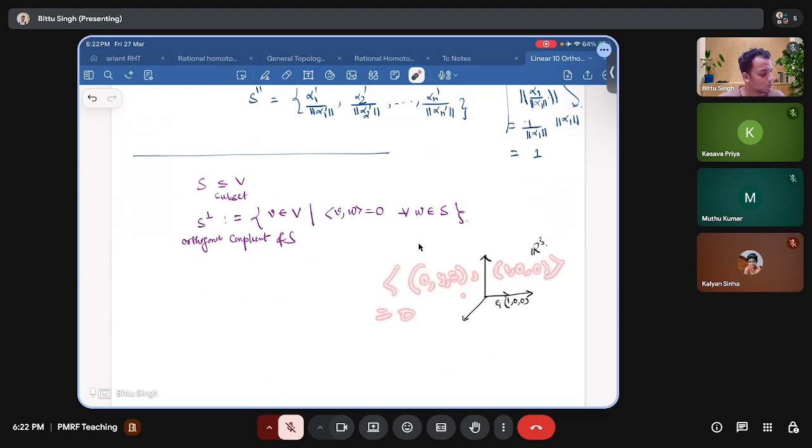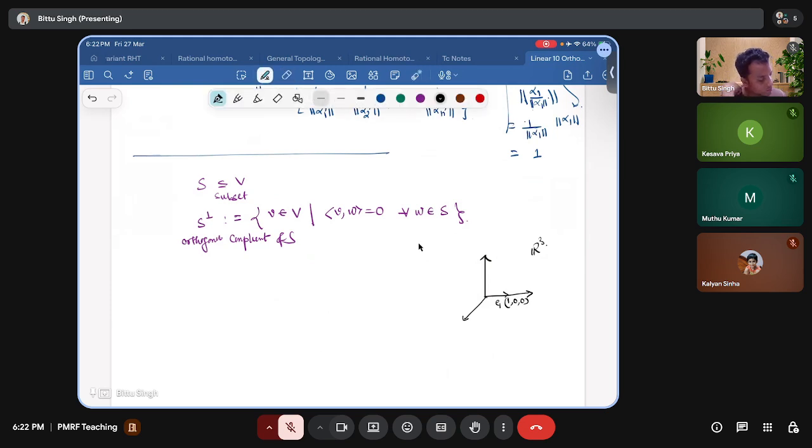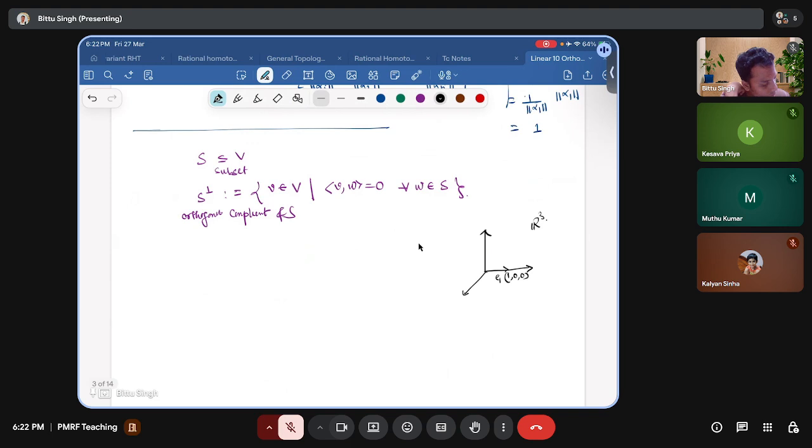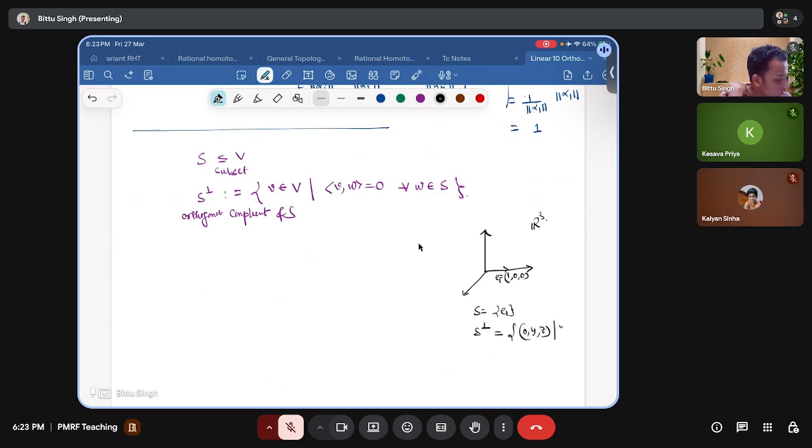So if the set S is this u1 only, then the orthogonal complement is the YZ plane: 0, y, z such that y, z belong to R.